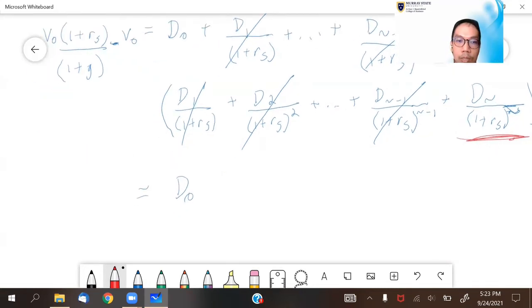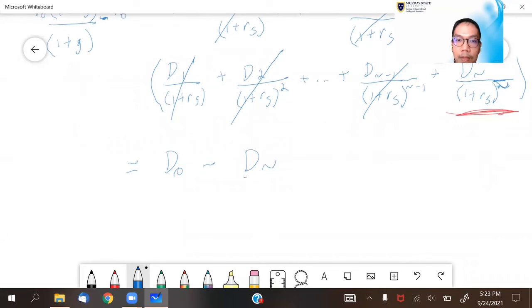Minus. So D0 minus D at the time of infinity. Okay, this is minus, right? D infinity divided by 1 plus required return by stockholders to the power of infinity.